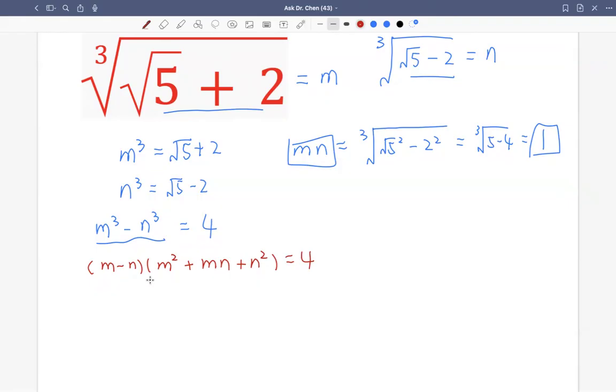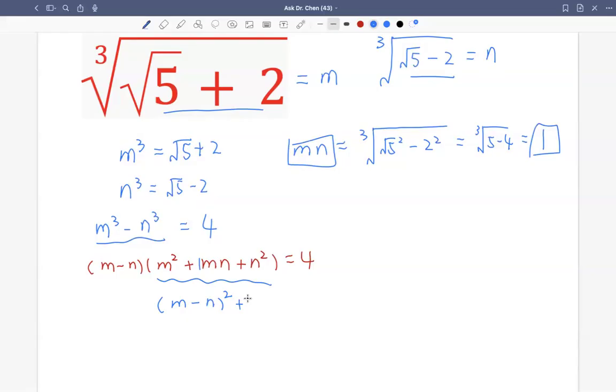Now with m minus n, let's rewrite this relation. If we want to write this with m minus n squared, then because we have 1 plus 1 mn, we need to add, because here we get negative 2mn.